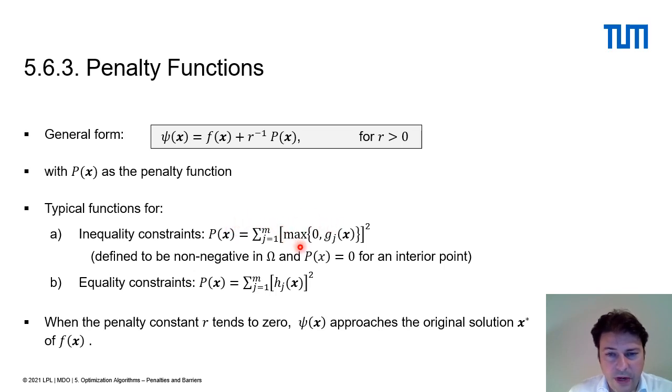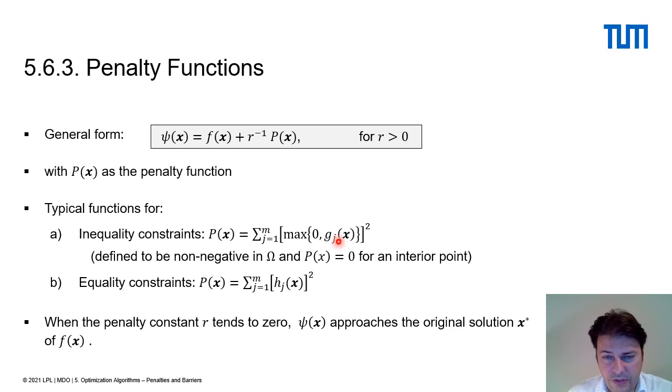One way to find your penalty function is this expression here. It's the sum over all inequality constraints that you have. And then for each inequality constraint, you pick the maximum of either 0 or the value of your constraint function evaluated at your candidate point.